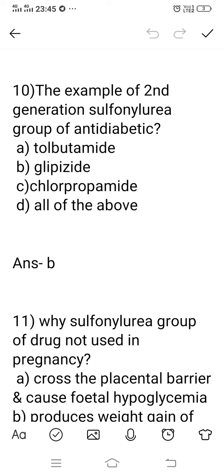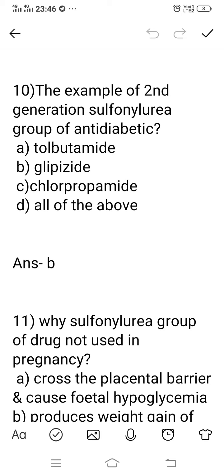Third is meglitinide group. Fourth is alpha glucosidase inhibitors. Fifth is thiazolidinedione derivatives. And sixth is DPP4 inhibitors. So various types of classification are available for antidiabetic drugs.